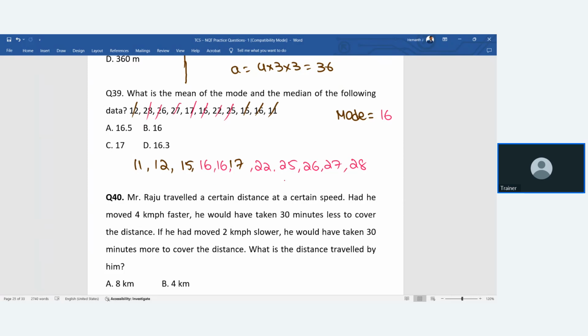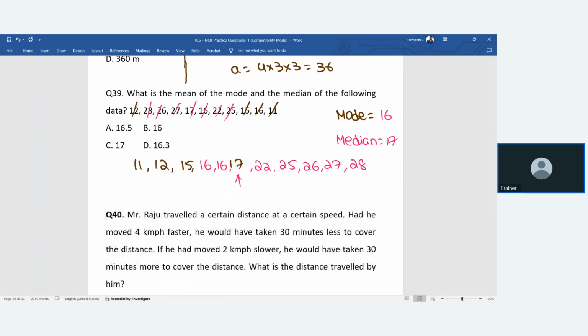Then if you come to the median, you can find median is 17. Total number of data we have is 11, so definitely one middle term will be there. That's nothing but 17. So you have mode and median. Now we have to calculate the mean.